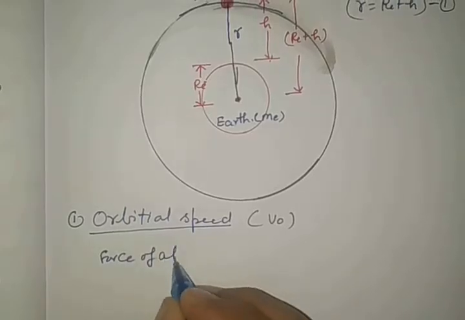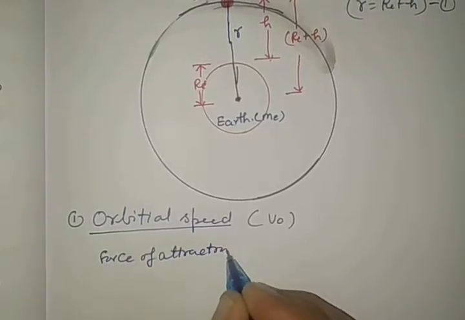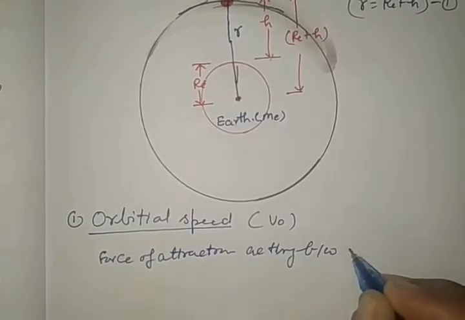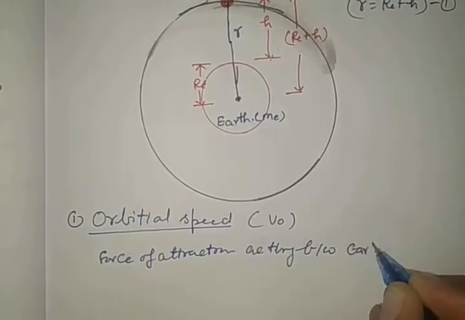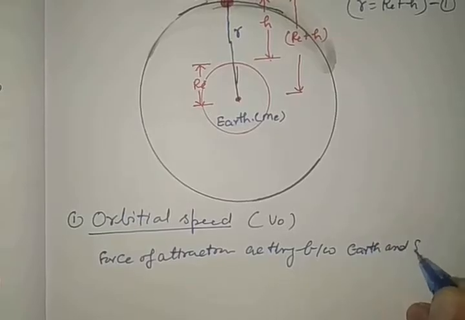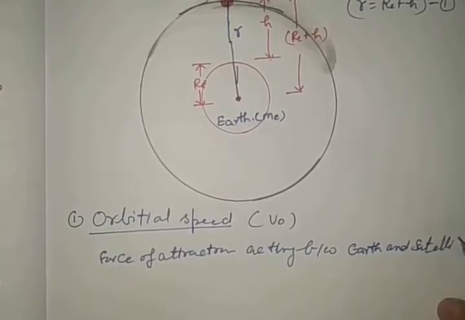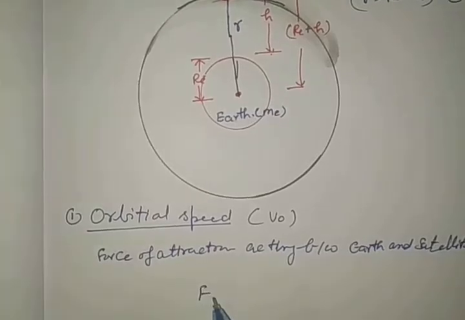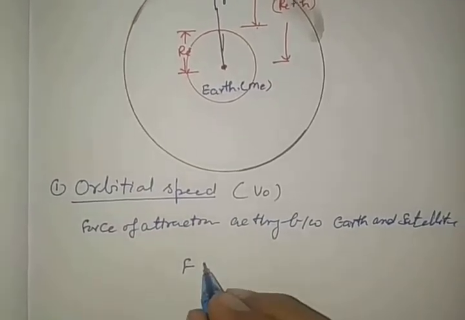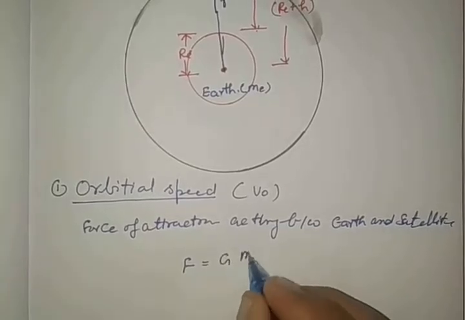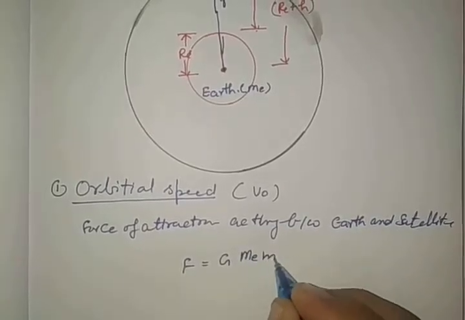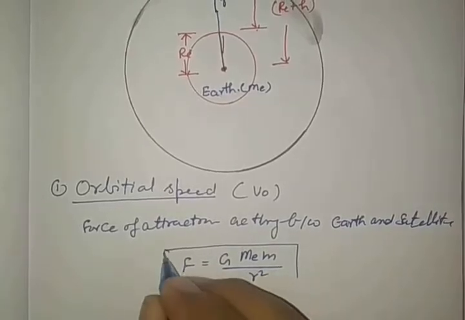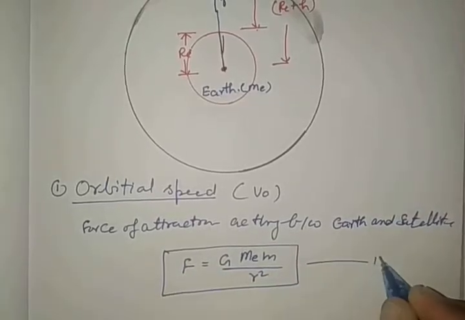Orbital speed is denoted by VO. To determine this, first of all, the force of attraction acting between Earth and satellite is given by the well-known formula, capital F is equal to capital G ME M by R square, represented by equation number 1.